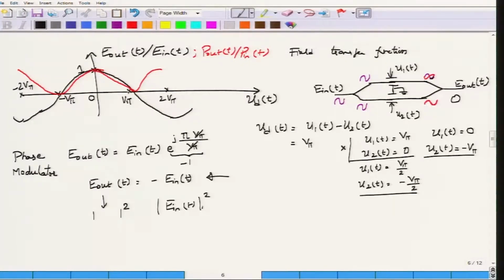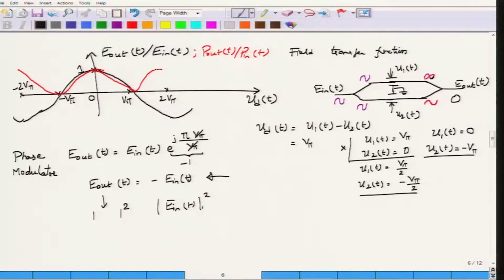So, it is hopefully understood that when the difference voltage ud of t is going through 0, there is constructive interference, and when ud of t is going through V pi, there is destructive interference and the output of the modulator is 0. In between these two extremes is the cosine characteristic. As I said, when you look at the power characteristic, power always being positive means that while the field is going negative, the power is actually going positive.